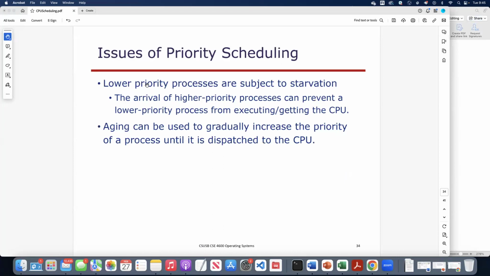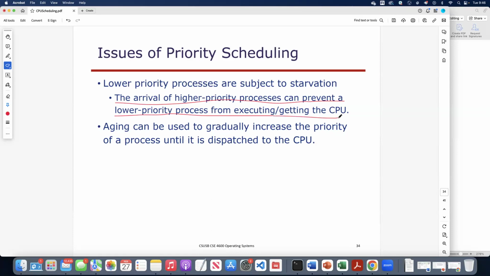Here is the major problem with the priority scheduling algorithm: lower priority processes may starve, are subject to starvation. Because the arrival of higher priority processes can prevent a lower priority process from executing or from getting the CPU.